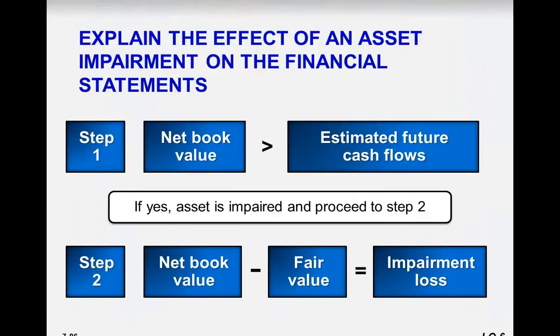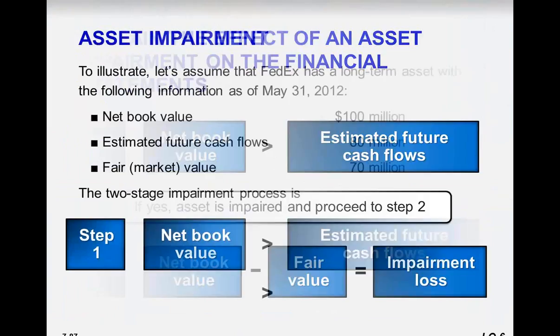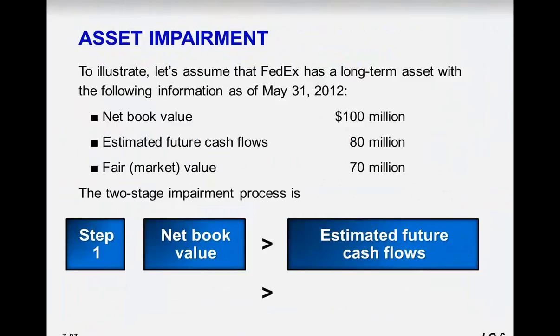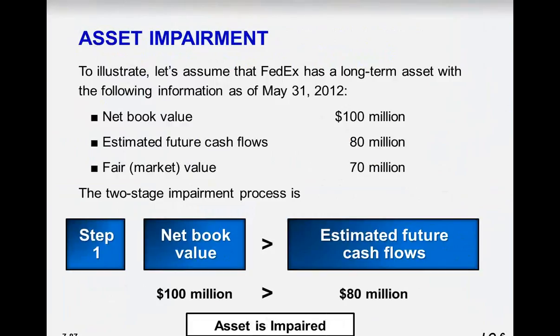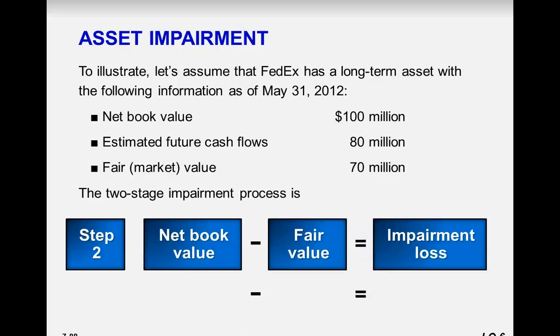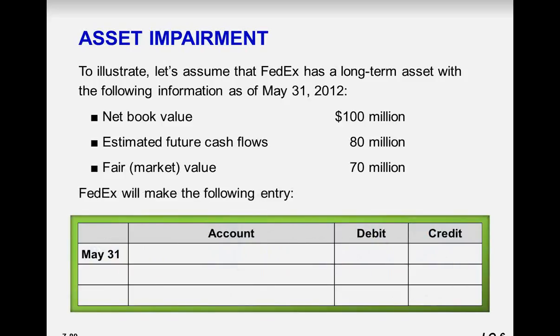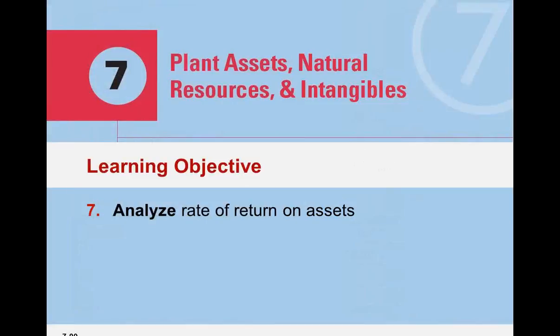Once we determine the asset has been impaired, okay, we've determined there has been an asset impairment, so we therefore have an impairment loss, and we reduce the long-term asset by the same amount of the loss.